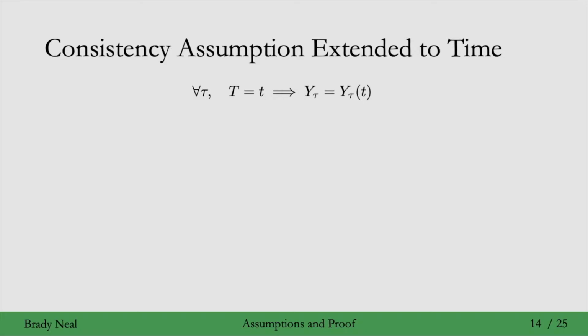So now we have some time tau that shows up in the subscript for the outcome. And this consistency assumption just says that if treatment, big T, takes on the specific value little t in the data, then the observed value of outcome, y sub tau, is equal to the potential outcome that we would have observed at time tau if we'd gotten treatment little t.